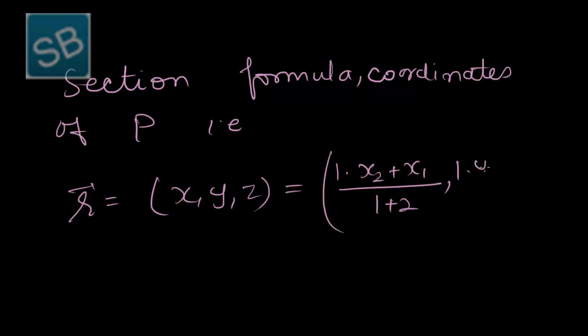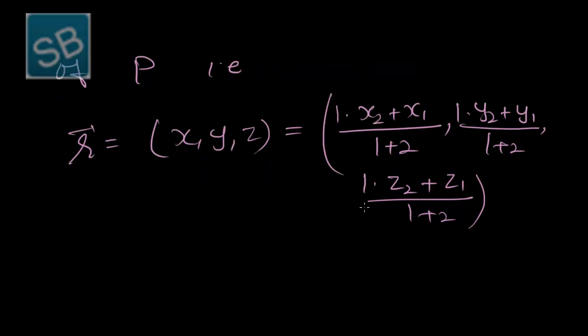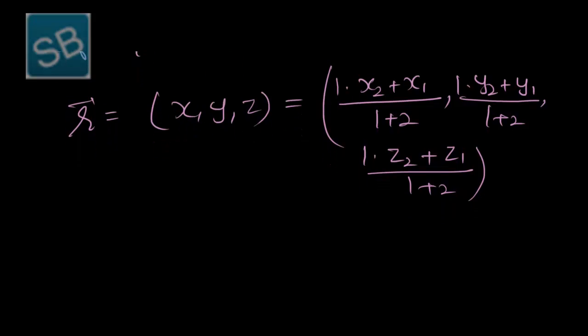Similarly, 1 times y2 plus y1 over 1 plus 1, comma 1 times z2 plus z1 over 1 plus 1. That is the case when it is from side A. Or from side B, if we suppose, then it is the same.